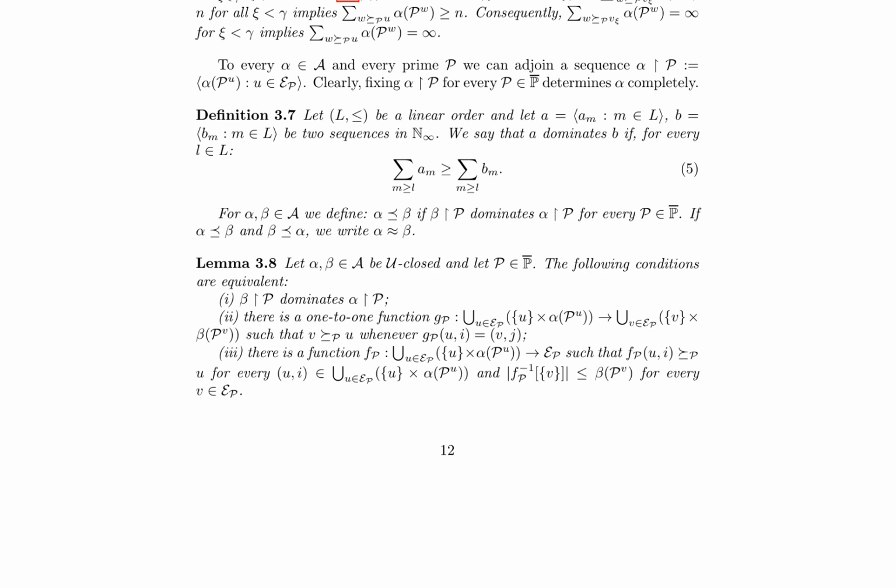E, there exists a one-to-one function GP mapping union U element of EP, U, times alpha, P, to union V element of EP, V, times beta, PV, such that V superset equal P whenever GP, U, I, equals, V, J, and, E, there exists a function FP mapping union U element of EP, U, times alpha, P, to EP such that FP, U, I, superset equal P for every, U, I, in union U element of EP, U, times alpha, P, and, FP caret, 1, V, is less than or equal to beta, PV, for every V in EP.